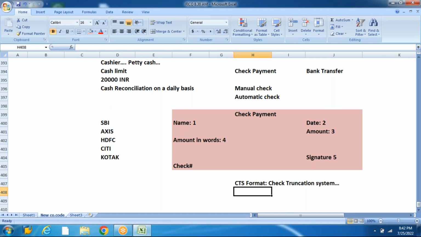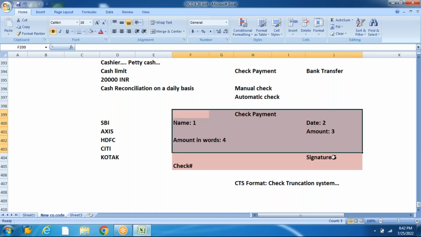If you're talking to somebody, you can tell all these points like the CTS format, and then they might ask you what is the CTS. You'll have to say Check Truncation System. Then you'll have to tell them this is a standard format given by RBI, which defines the standard format of the check for all the banks. Any bank check that you take, the format layout is standard.